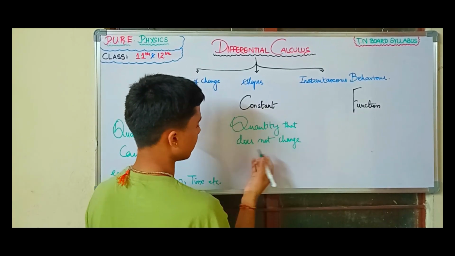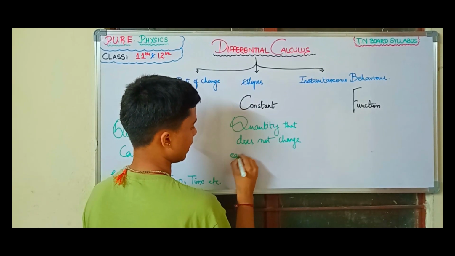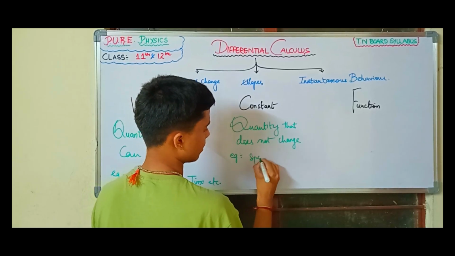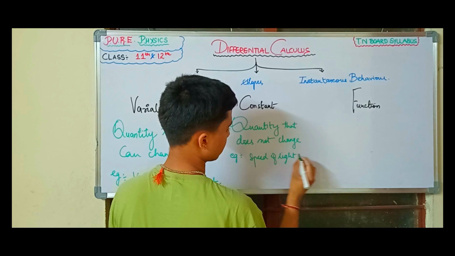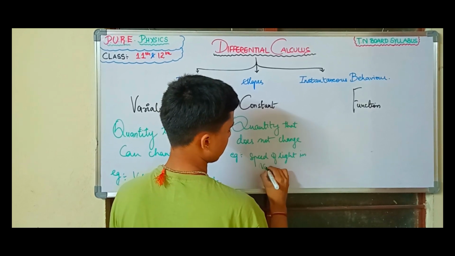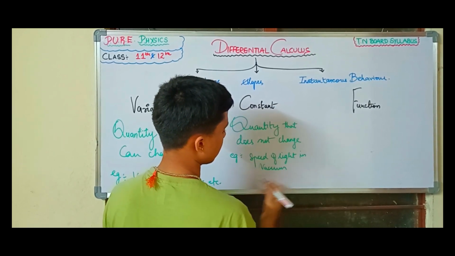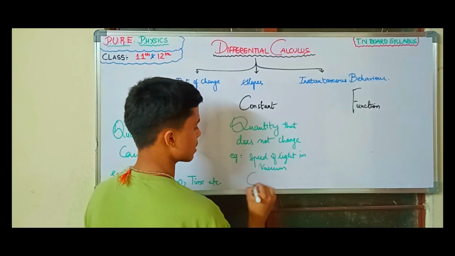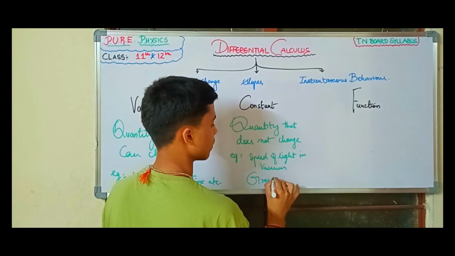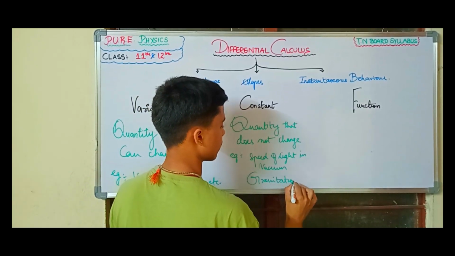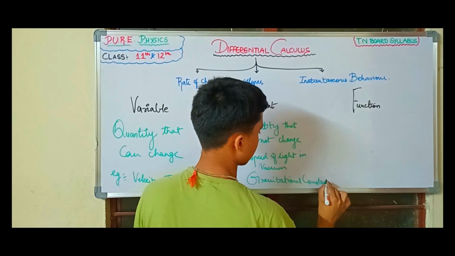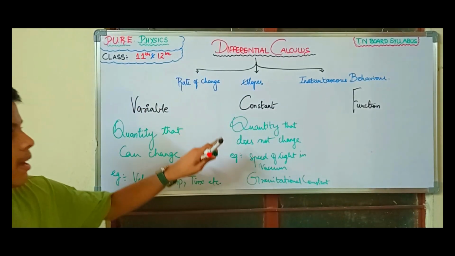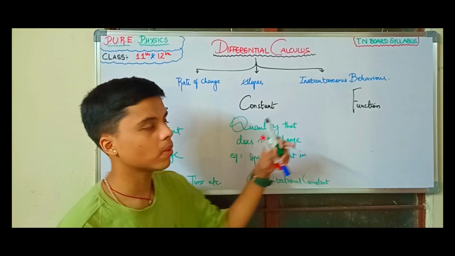For example, we can give the speed of light in vacuum, and we can also give the gravitational constant. So these are constants.